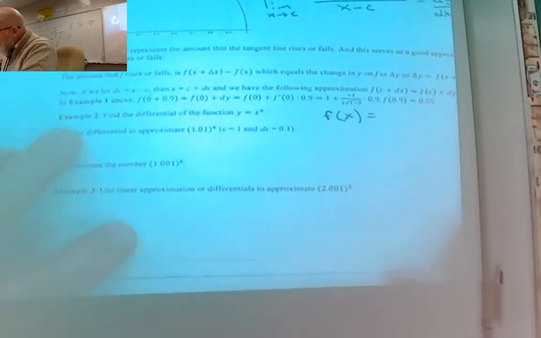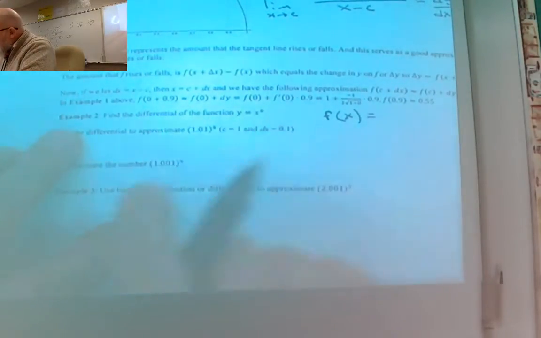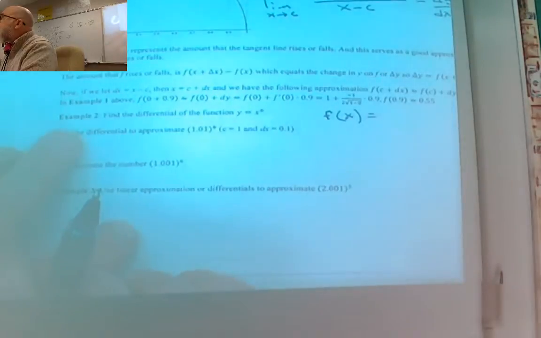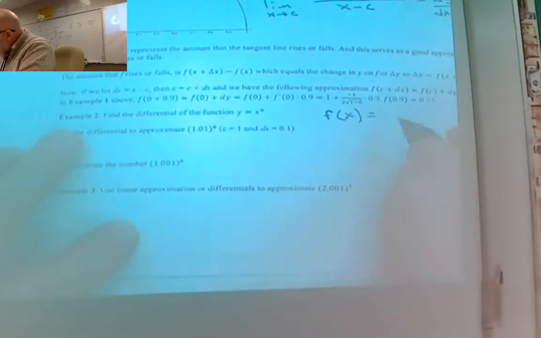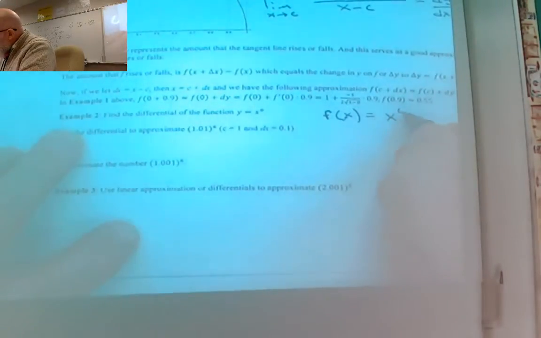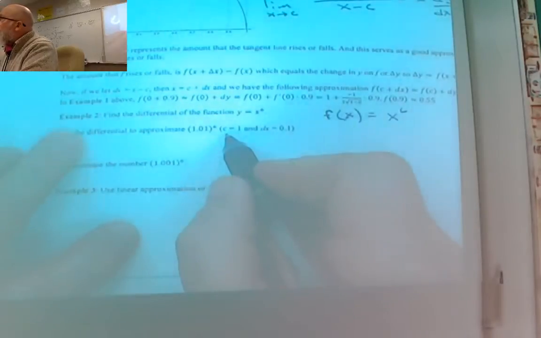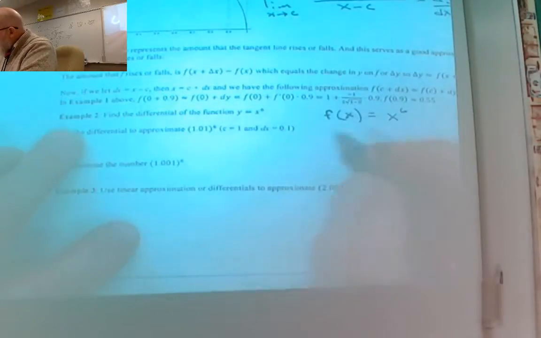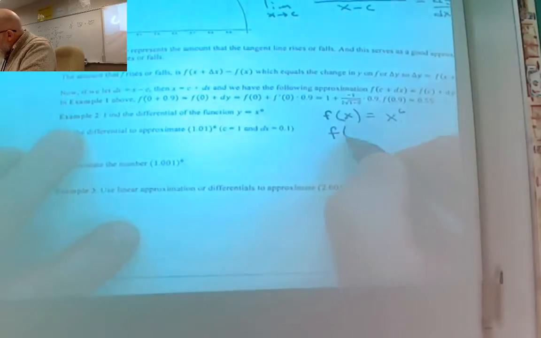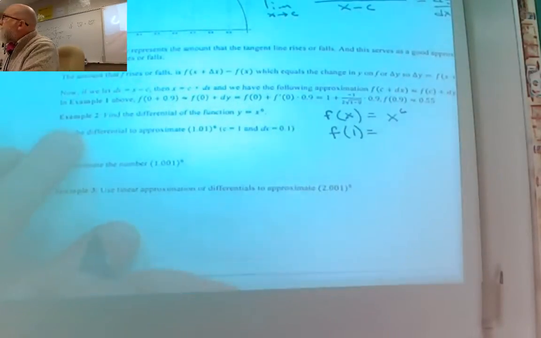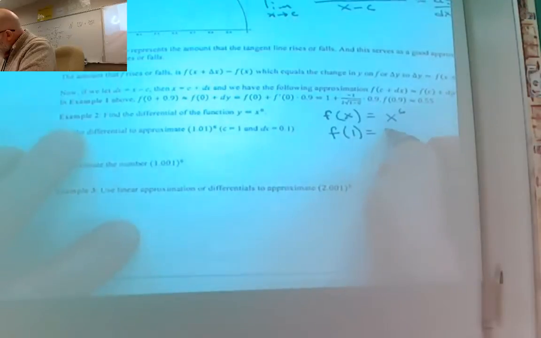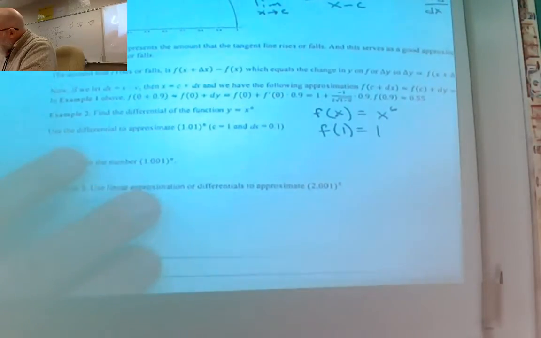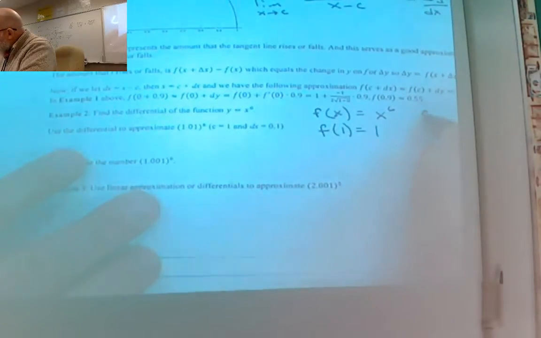In example 2, what's the function? X to the 6th. And it tells you c is equal to 1, correct? Okay, so you'll always know c. So if I plug 1 in there, what do I get? 1. Okay, so what's my derivative?